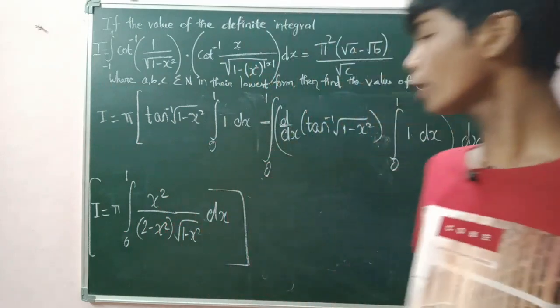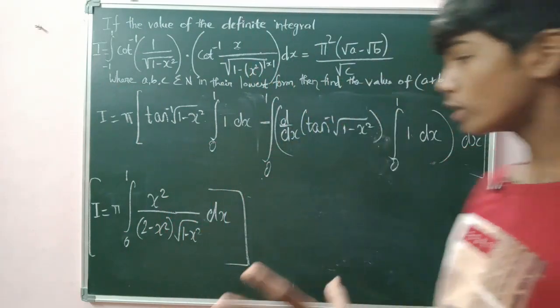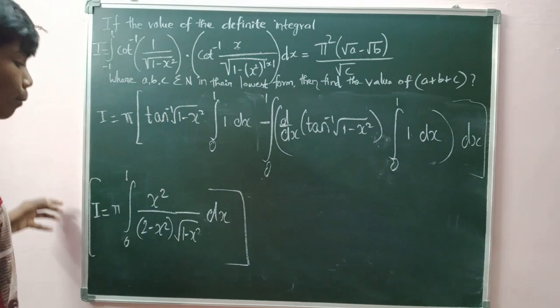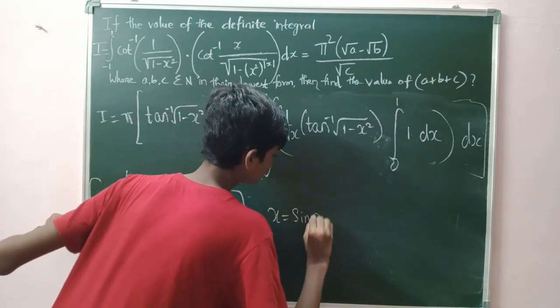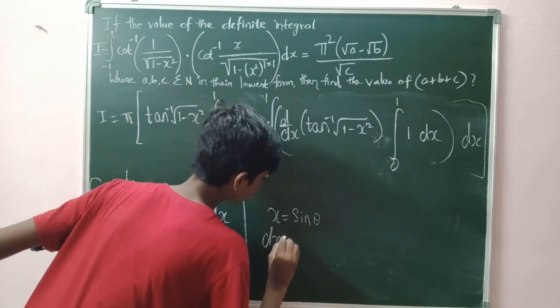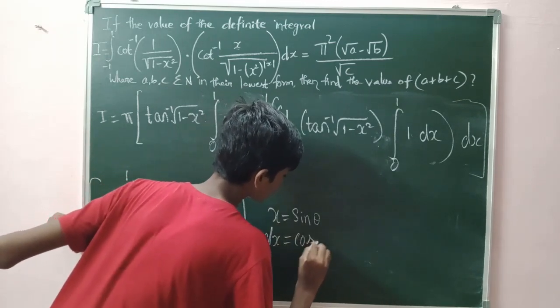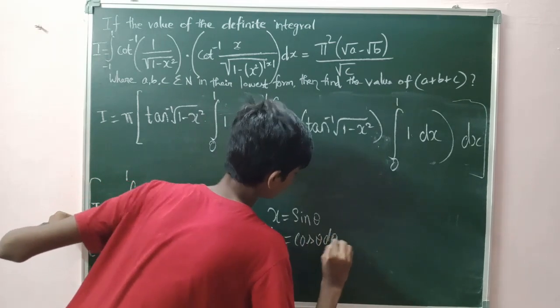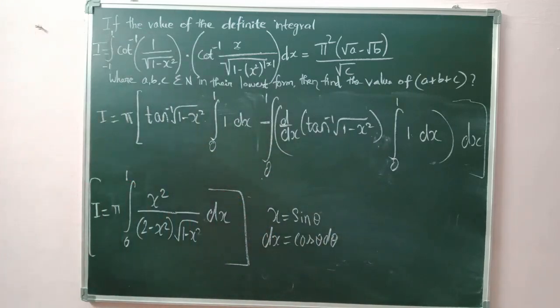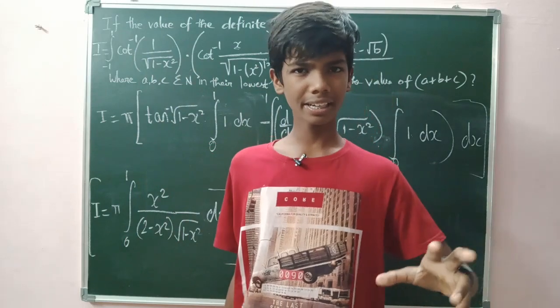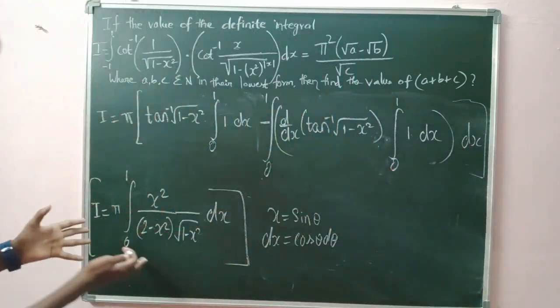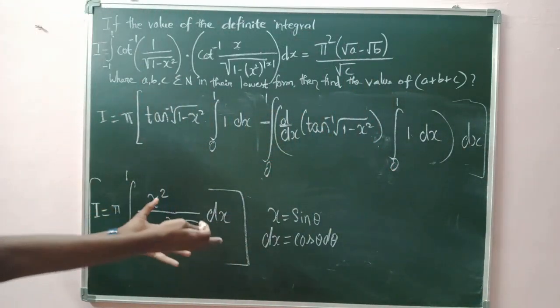The next step I'm going to do is take x is equal to sin theta. When you take x is equal to sin theta, then dx will be nothing but the derivative of sin theta, which is cos theta, times d theta. So people, you may ask why I'm taking x is equal to sin theta. Just observe the expression. I'm having x square, root of 1 minus x square.